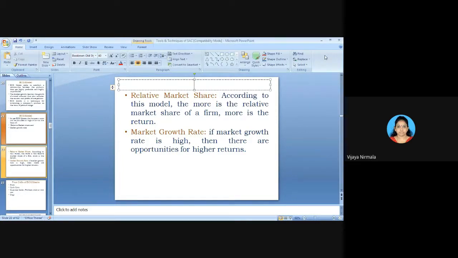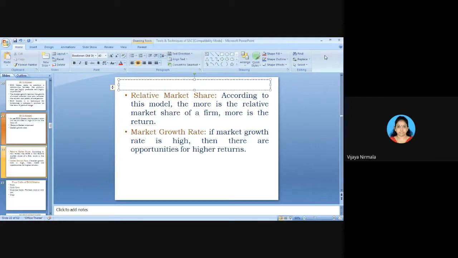So in the market growth rate, if you want to succeed or if the survival of the organization is to be more, if there are opportunities, you need to grow further, you need to invest more capital. Then only the market growth rate will be high. That is market growth rate.